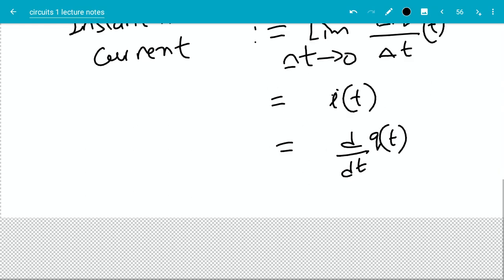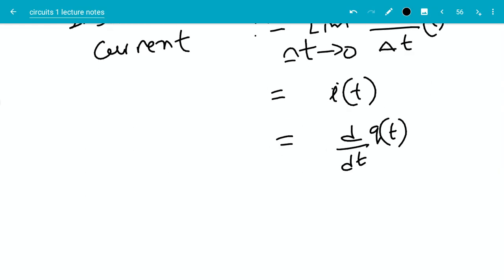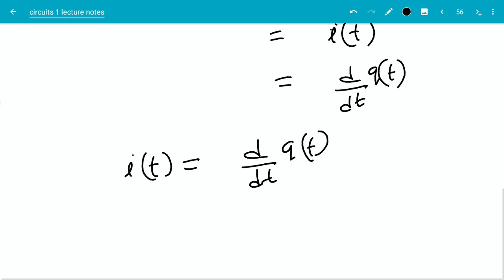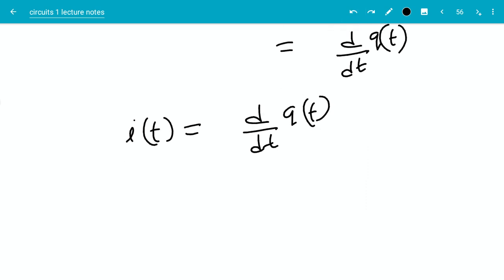So if I of t is the derivative of q of t, then you can think of I of t as the instantaneous rate of flow of charge, and q of t as the total amount of charge which has already flown in one of the directions.